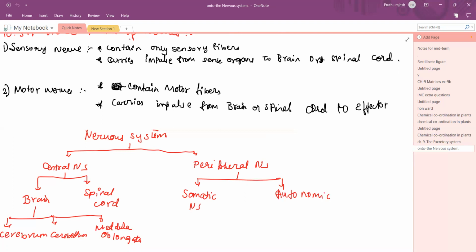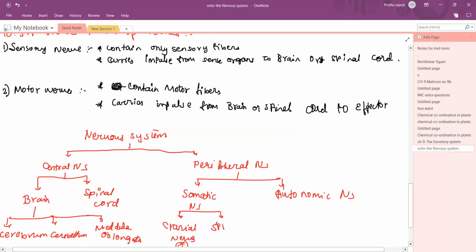Somatic nervous system is divided into two parts. One is cranial nerve, which is 12 pairs, and spinal nerve, 31 pairs. This 31 pairs is very important.